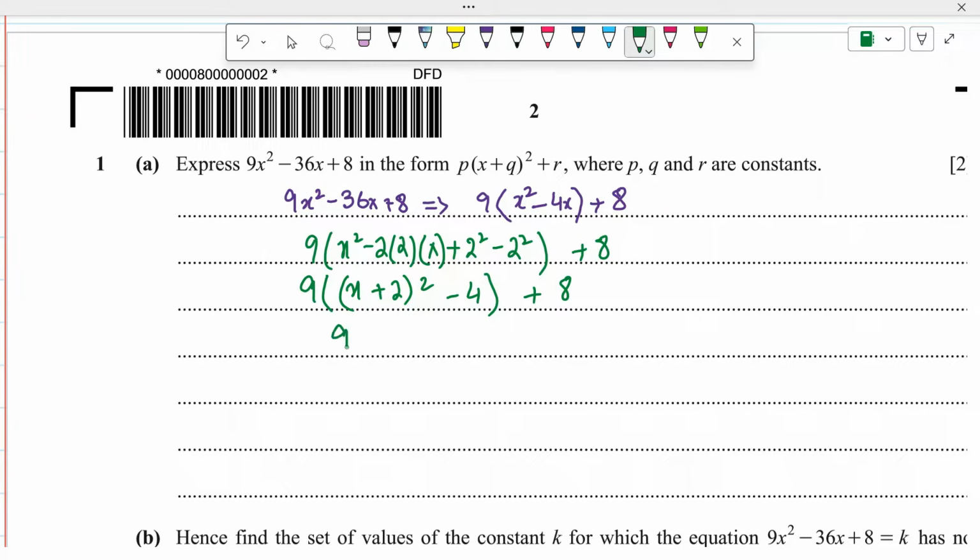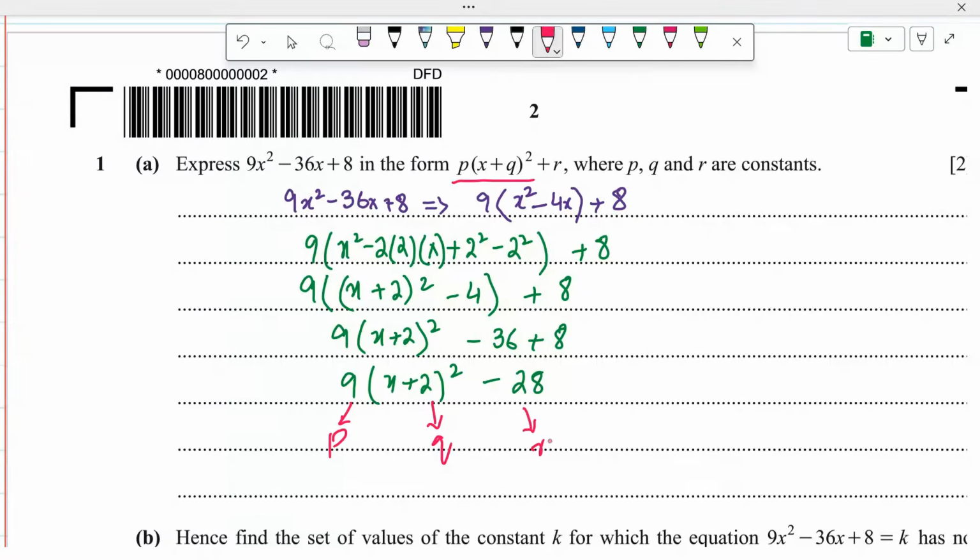Multiplying by 9, we will have 9(x + 2)² − 36 + 8, and this will be equal to 9(x + 2)² − 28. You can compare it with the form: this one is p, this one is q, and this one is r, which is −28.